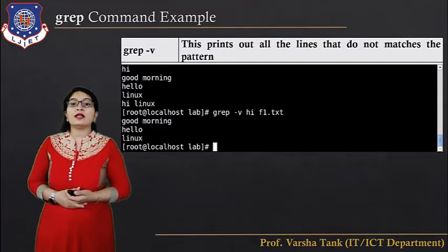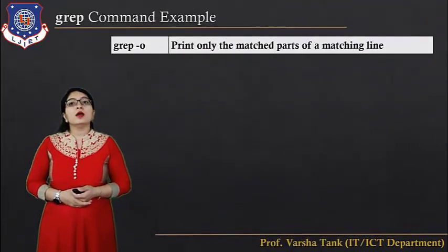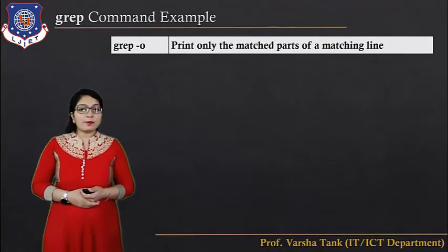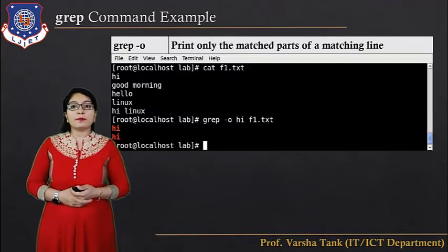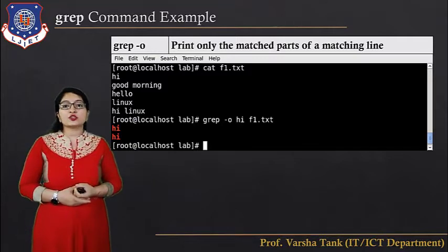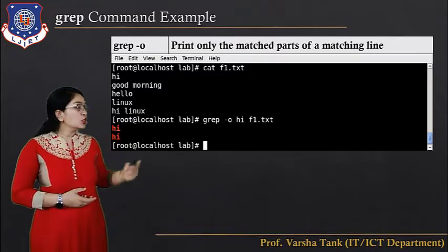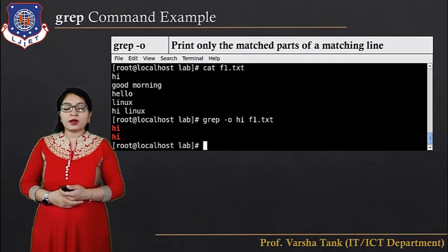The remaining portion of the file will be displayed by this command. Now next is grep -o, which prints only the matching part of the matching lines. If you use grep -o hi f1.txt, hi matches 2 times, so it will display hi 2 times.